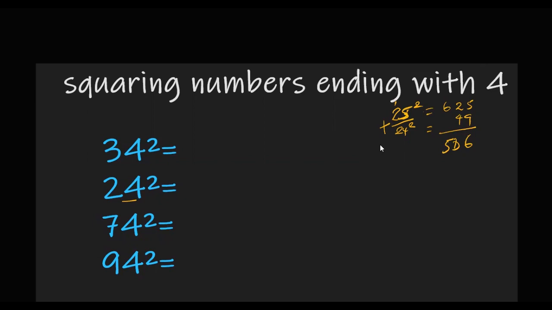But okay, so let's go here to 34 squared. So 34 squared is basically 35 squared minus 35 plus 34, which is 69.